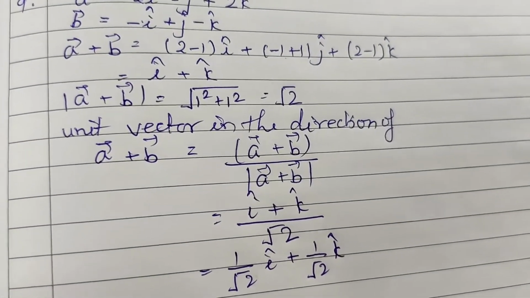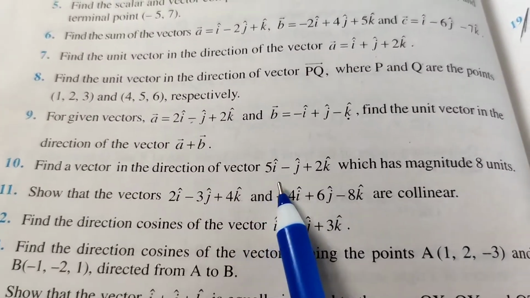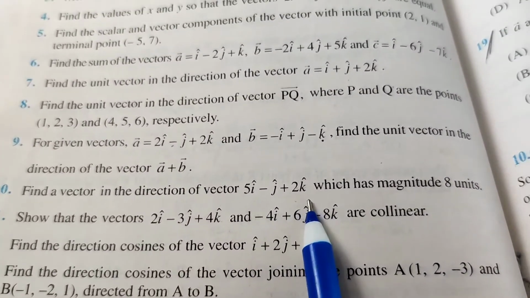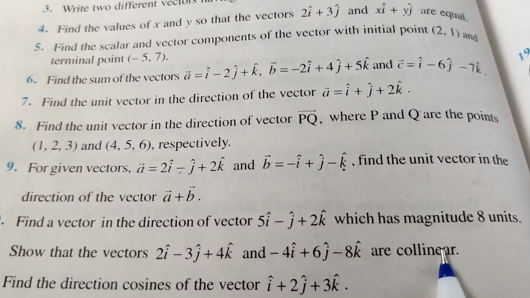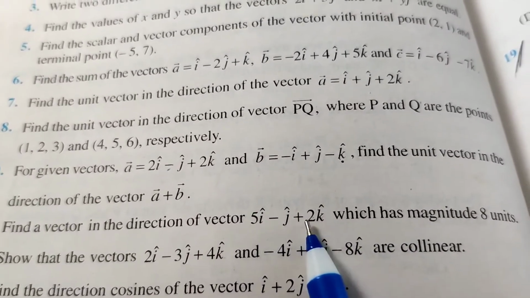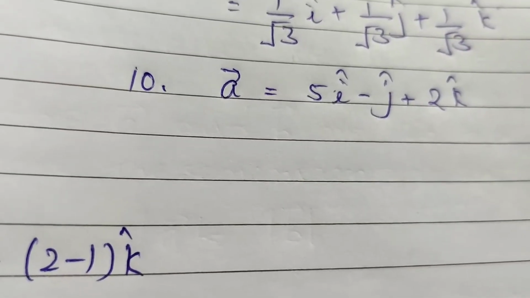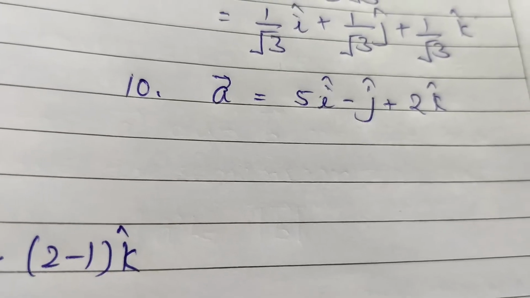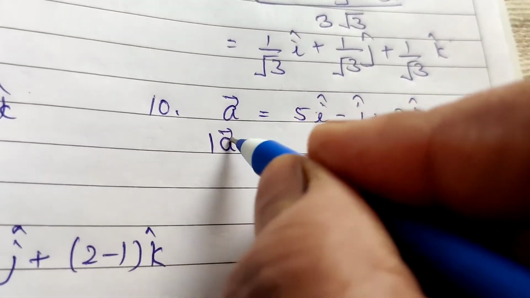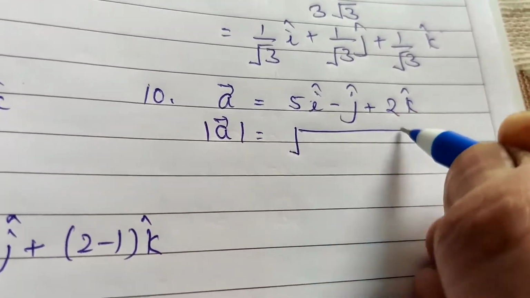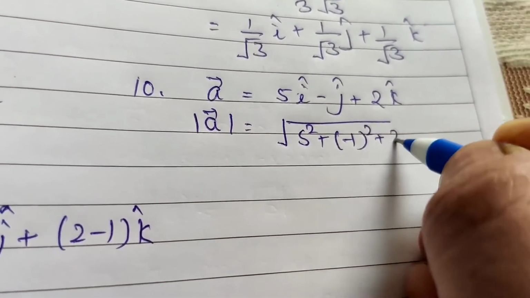Question number 10: find a vector in the direction of vector 5i minus j plus 2k which has magnitude 8 units. This is a vector A, 5i minus j plus 2k. First we have to find the unit vector of this. The magnitude of A vector is equal to the square root of 5 squared plus minus 1 squared plus 2 squared.